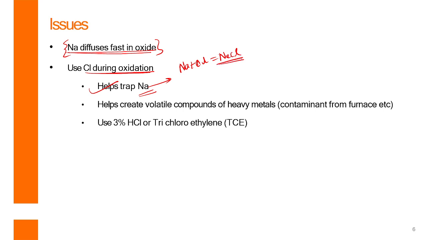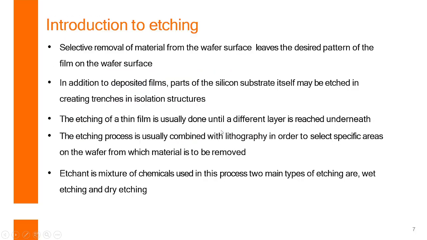And it helps to create volatile components of heavy metals, and uses 3% of HCl or trichloroethylene. Mainly why you are using chlorine is to trap the sodium. Why? Because sodium may react with oxygen, and it may form sodium oxide also. So that is the issue.